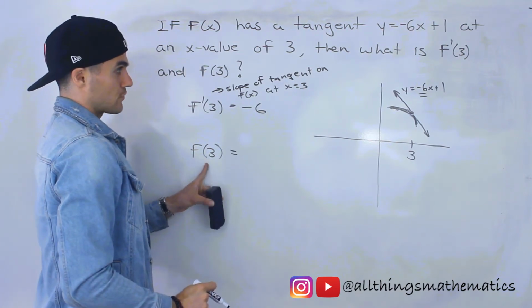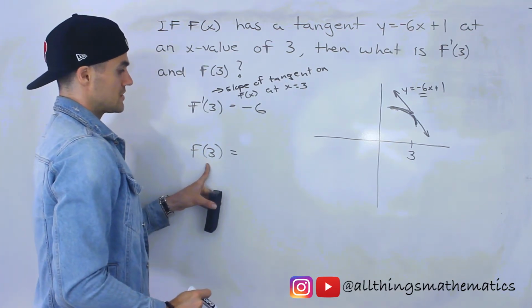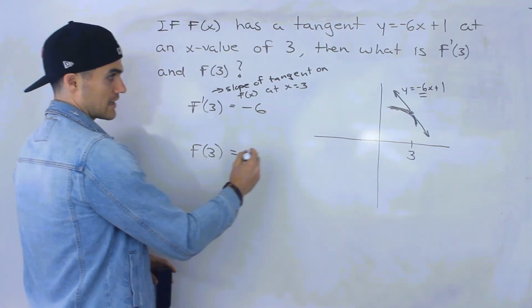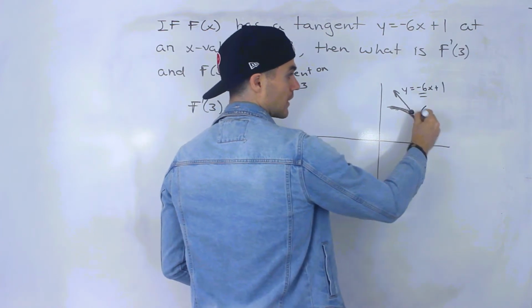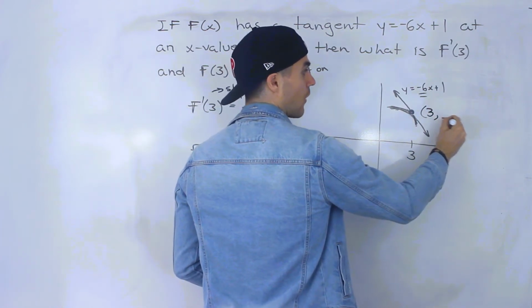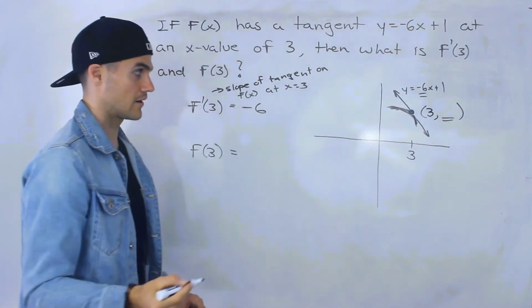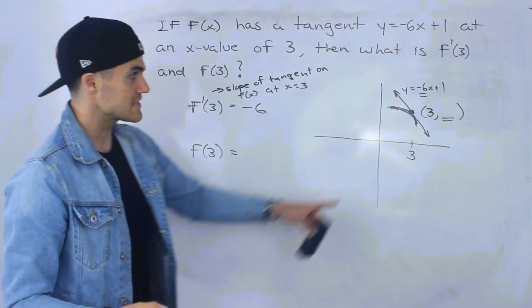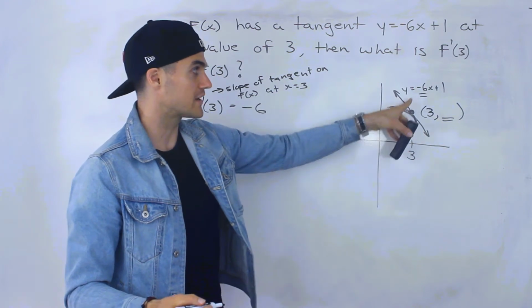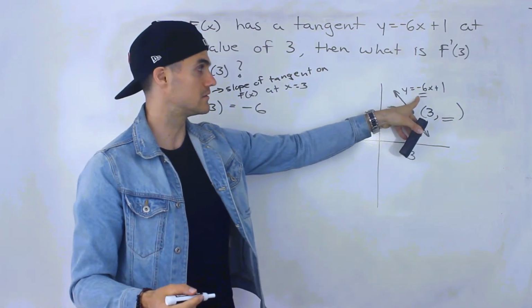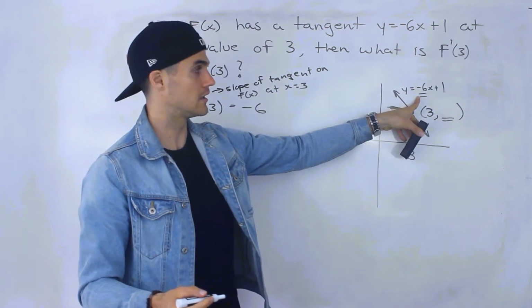And then f of 3, notice that this here is going to be the y value of this point, right? It's going to be 3 and whatever that y value is there. And notice that this point is on the function, but it's also on this tangent, negative 6x plus 1.